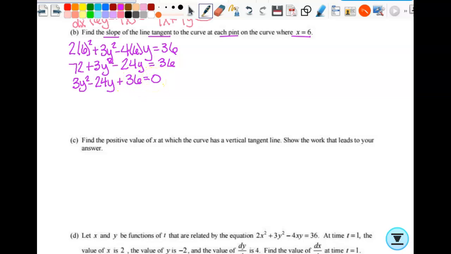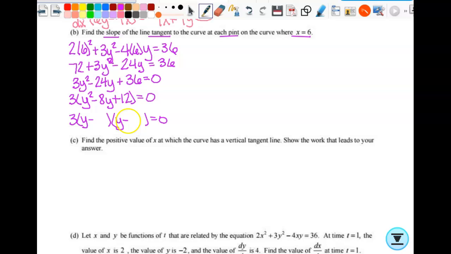Then we're going to have to factor. Do we have a GCF? A 3. So I can factor out a 3. That leaves me with y squared minus 8y plus 12 equals 0. Then we factor, and the factoring is fairly simple here, right? So this will be a y and a y. This is positive, so the signs are the same.